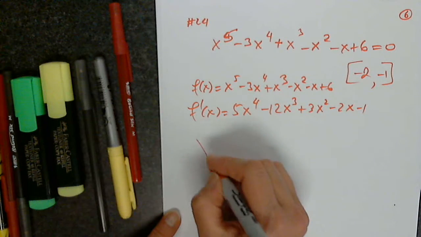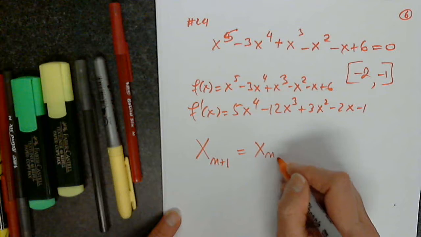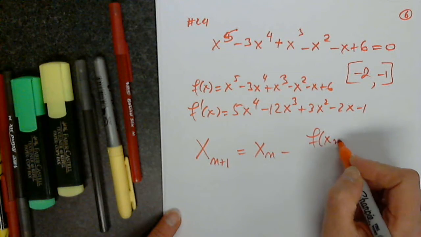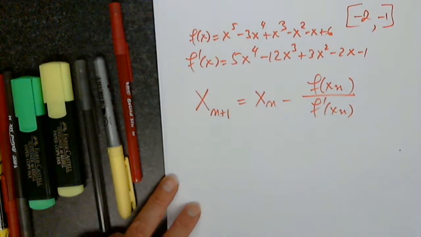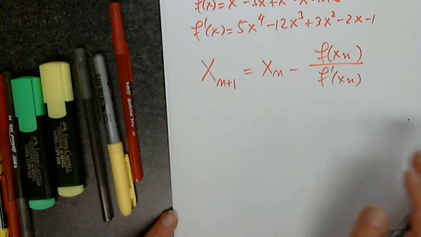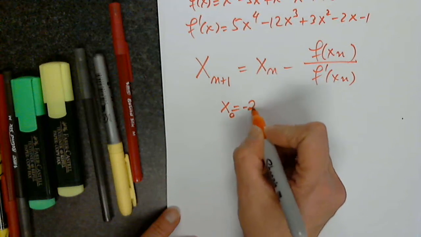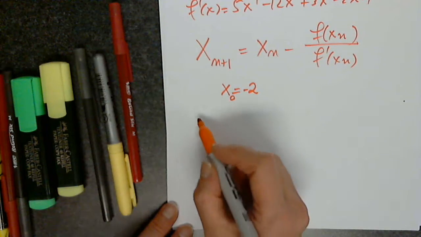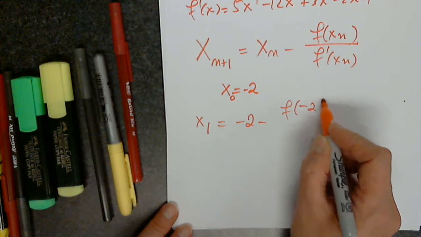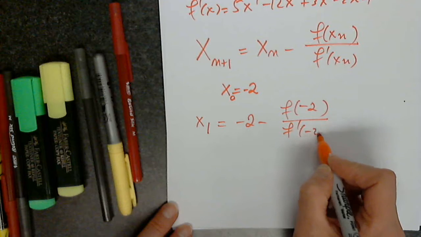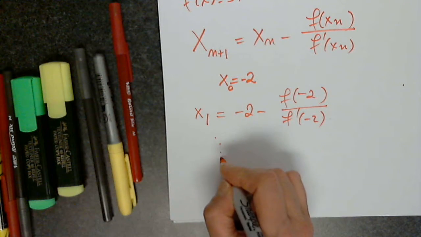So then I know Newton's method is x n plus 1 equals x n minus f of x n over f prime of x n. So let's say I start with x0 equals -2. Then x1 will be -2 minus f of -2 divided by f prime of -2, and so on and so forth, right?